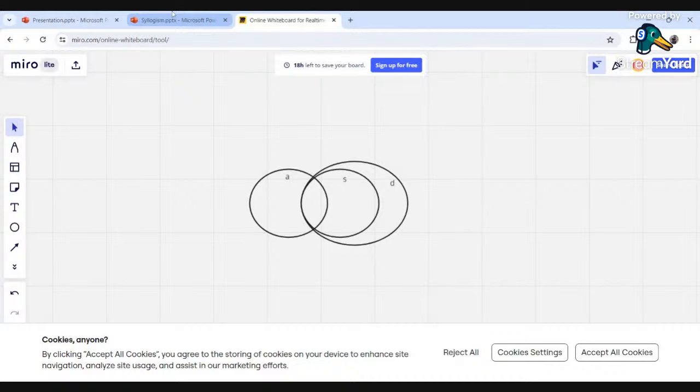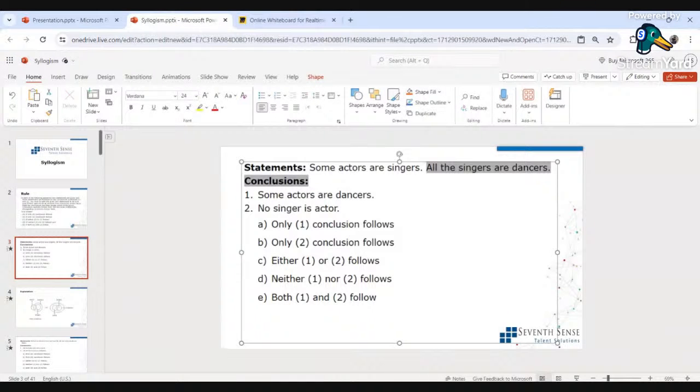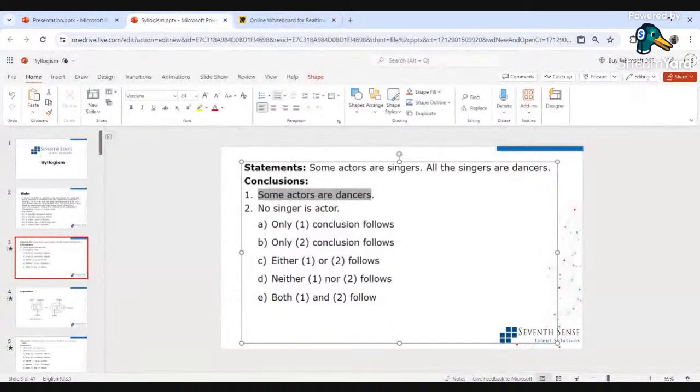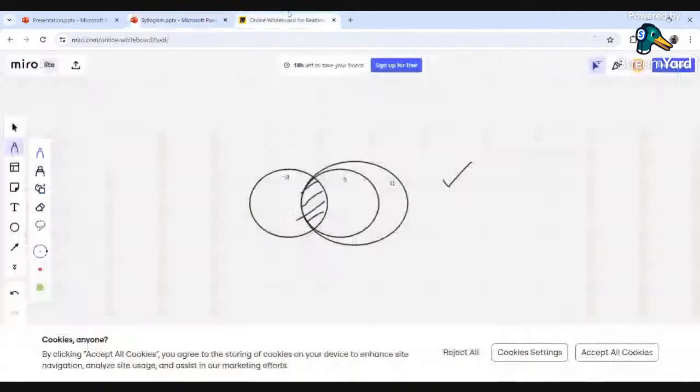Now, what we have to do is first check what conclusions are given. Conclusion one says some actors are dancers. Can you see that some actors are basically dancers? This part of the area comes into the picture because your dancers circle is overlapping your singers, so it is correct. So the first conclusion is correct. Go for the second conclusion: no singer is an actor.